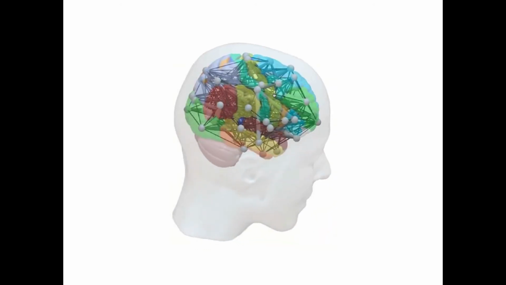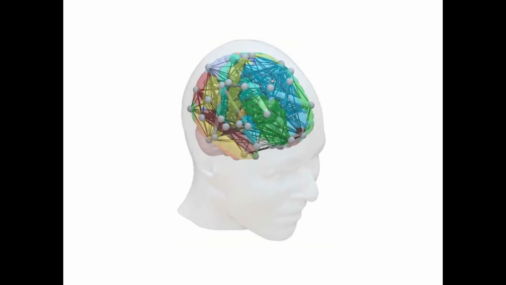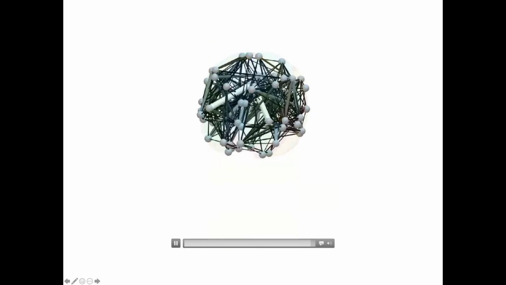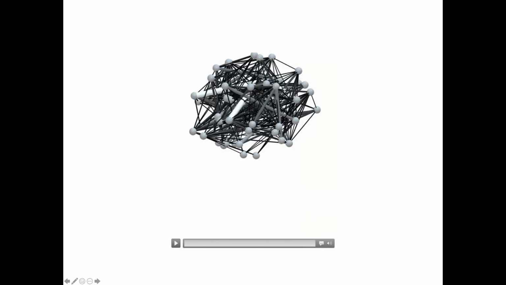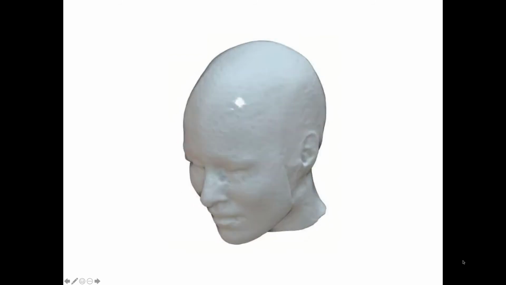And then we can go even more abstract and shrink each of these brain regions to its center of gravity and form a network, the links of which depend on the white matter tracts you saw earlier. So this is the highest level of abstraction we can go with the large-scale network model of the brain, where we finally represent it as a network, where each node is a neural population and it's linked and interacts with other nodes through the white matter tracts.